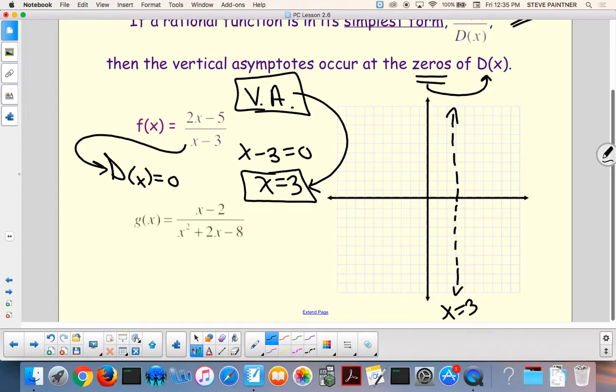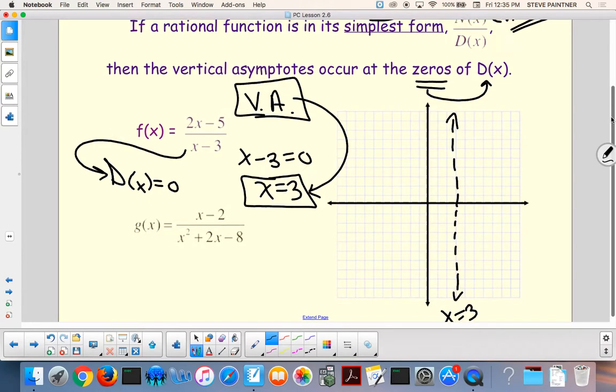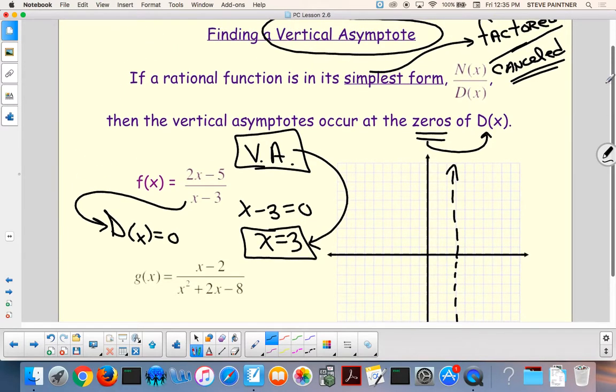But number 2 is a little more difficult. Try 2 on your own. And remember, it needs to be in simplest form.